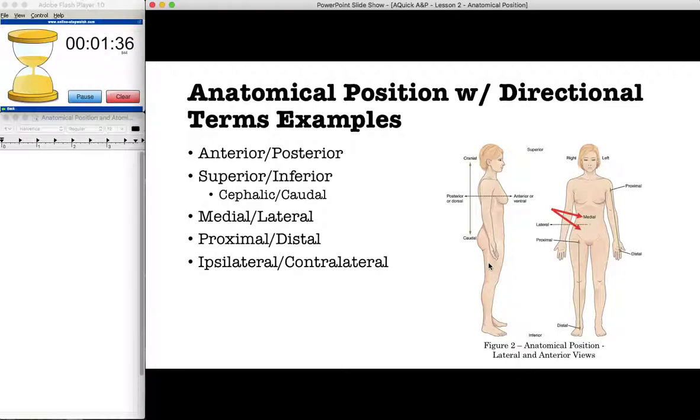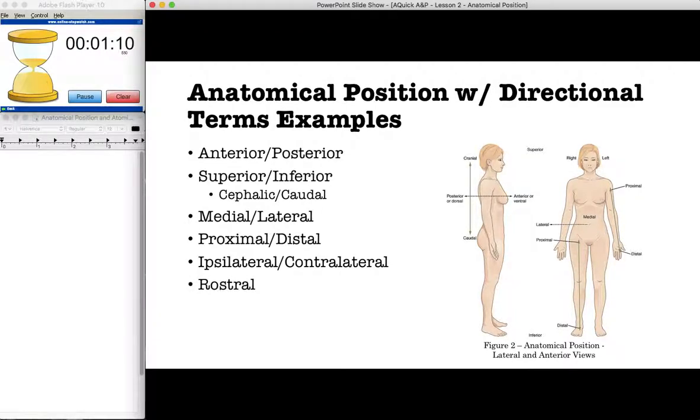Terms that we didn't discuss last time: ipsilateral. Ipsilateral means on the same side of the body. So the liver and appendix are ipsilateral. Contralateral means that they're on opposite sides of the body. So the liver, which is over here, is contralateral to the stomach, which is over on the left side there.